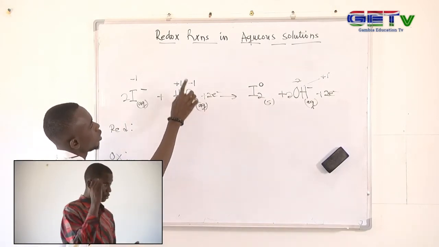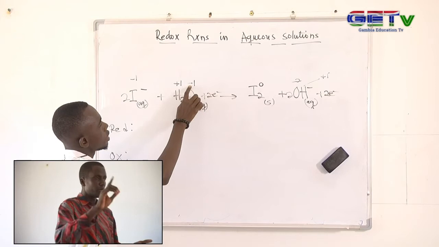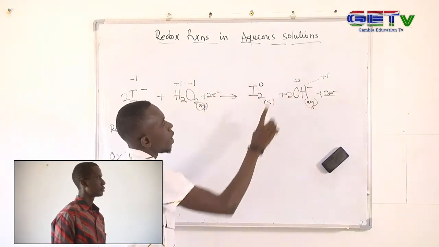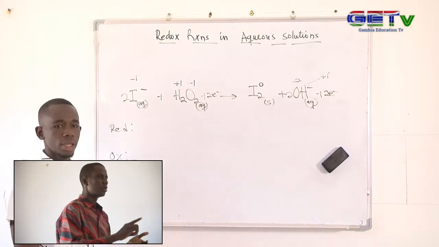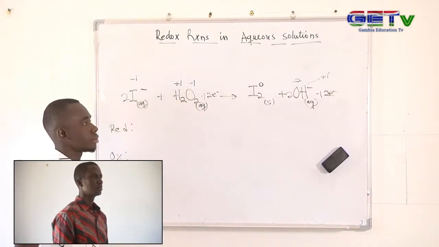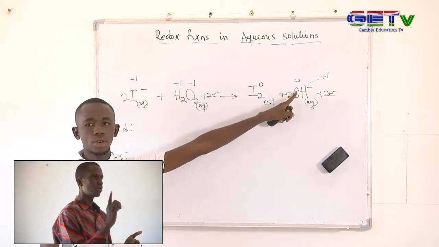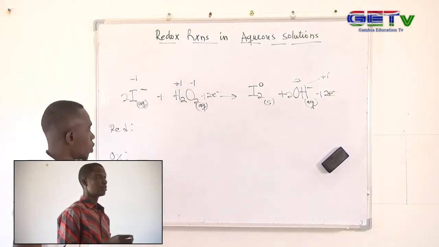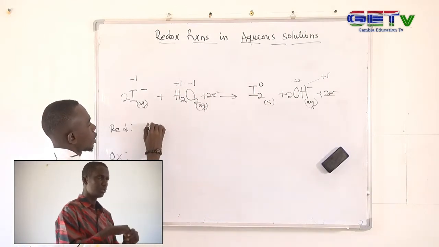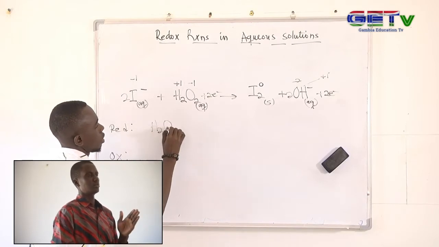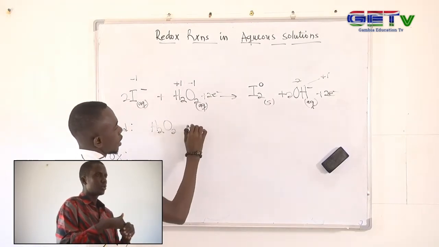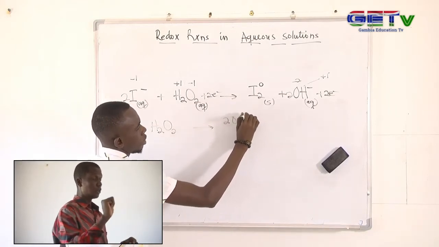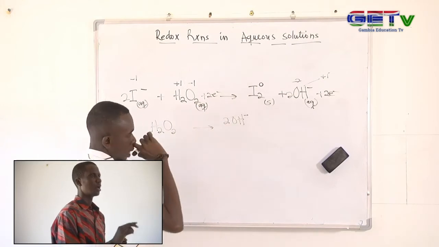Now we come to the oxygen. It goes from minus 1 towards minus 2, which means oxygen is undergoing reduction. So here we have the full species, and this will give us hydroxyl ions.